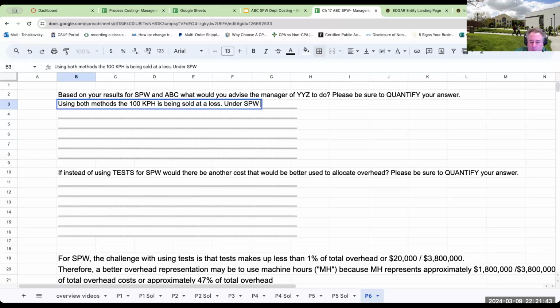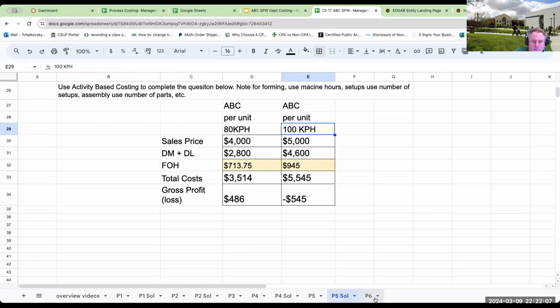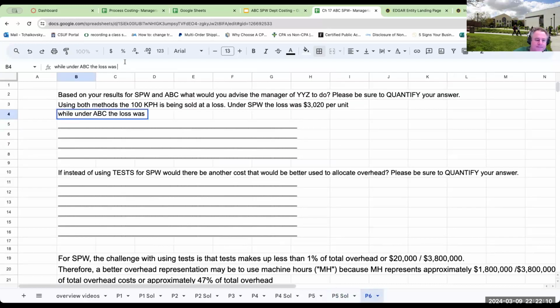Under single plant-wide, the loss was 3,020 per unit, while under ABC, the loss was 545 per unit. Right? So if something's being sold at a loss, what would I advise them to do?